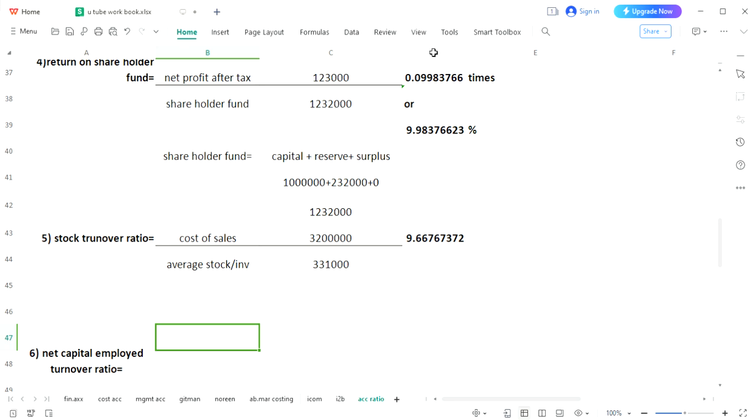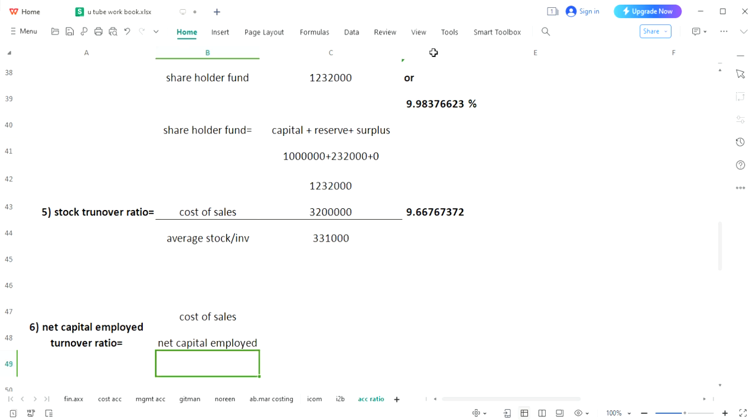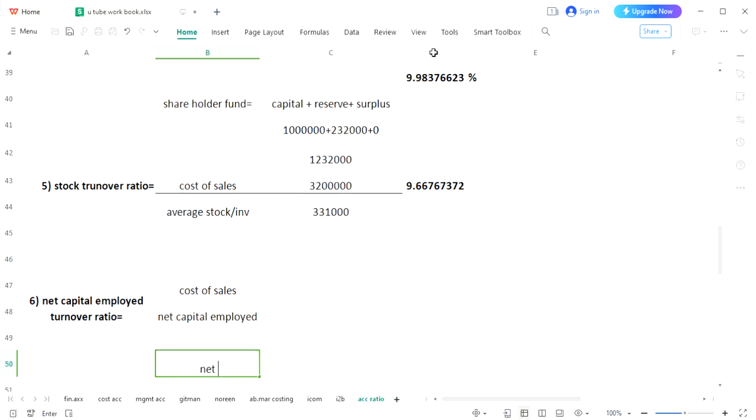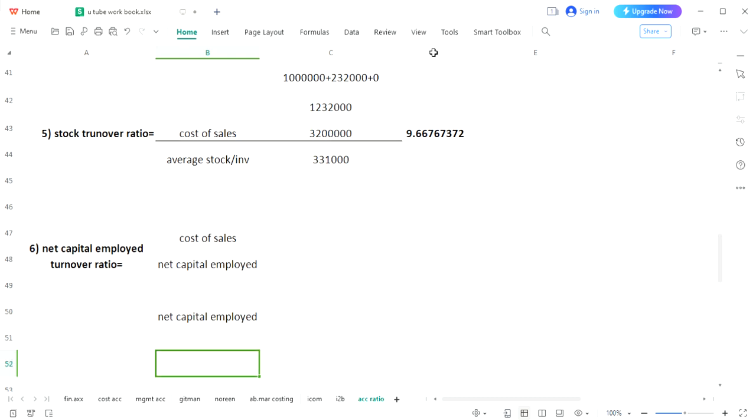For that we need cost of sales, and then it would be divided by net capital employed. And here you need to know net capital employed is actually long term fund.